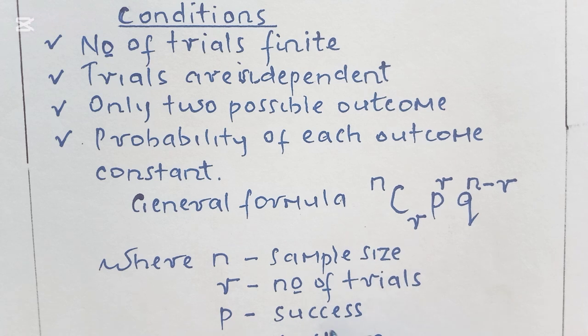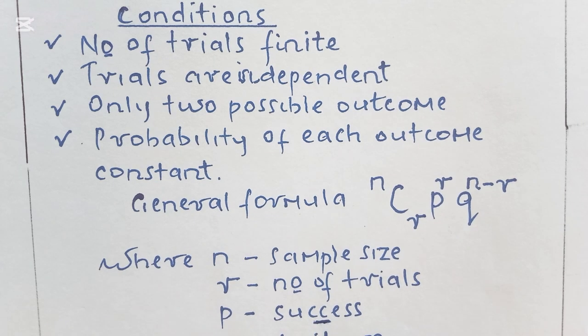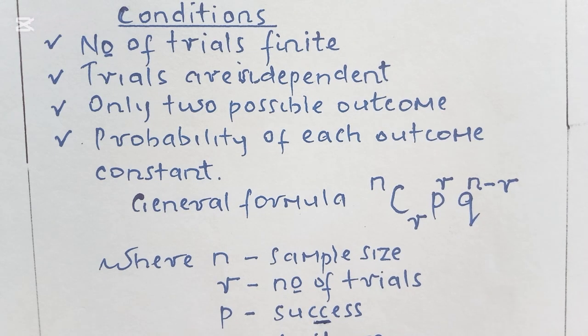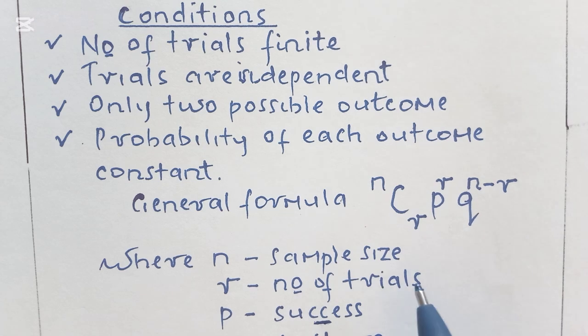This depends on the question that has been asked, guys. So if they are defective equipment, then p can represent defective, q can represent good condition or not defective.